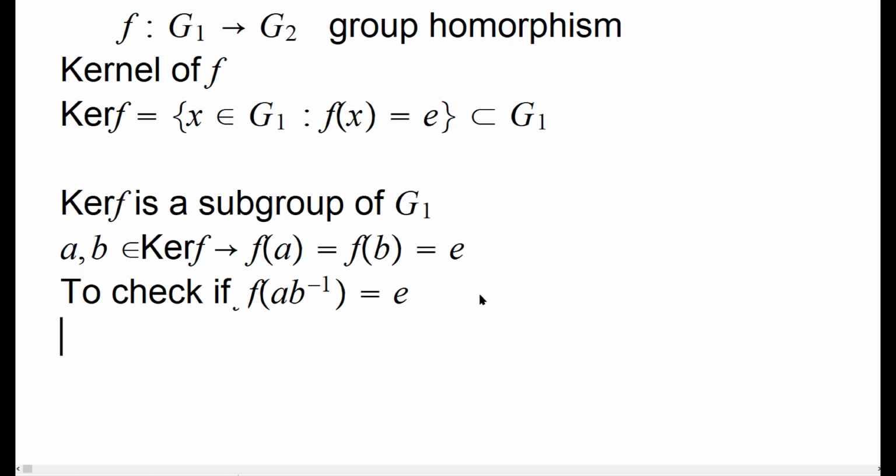Why are we doing it this way? Because this will mean a b inverse is in the kernel, and then the kernel is a subgroup.